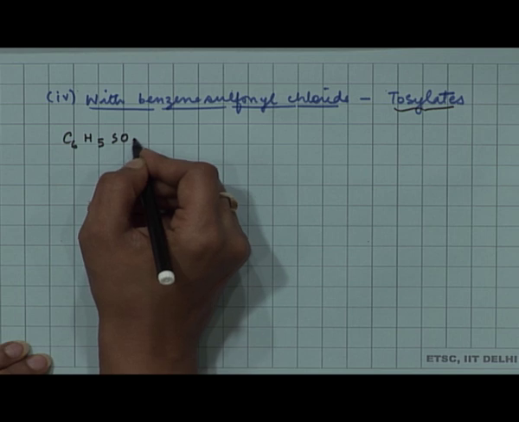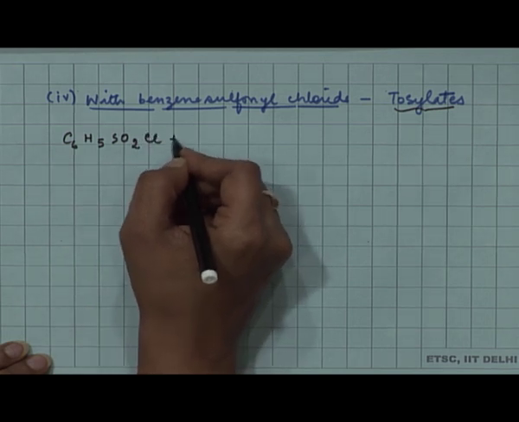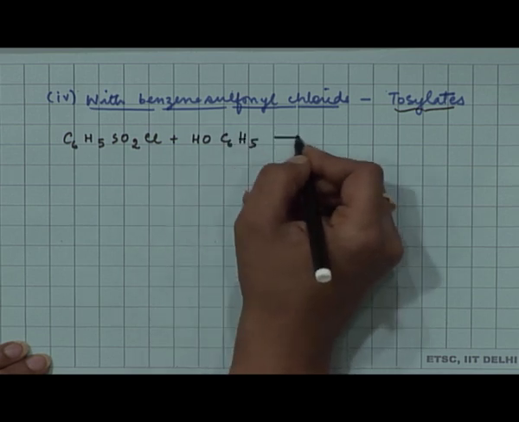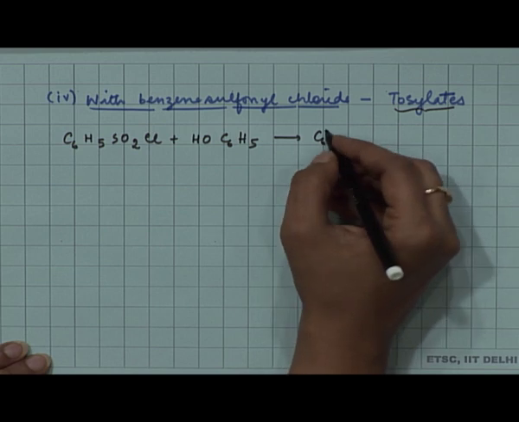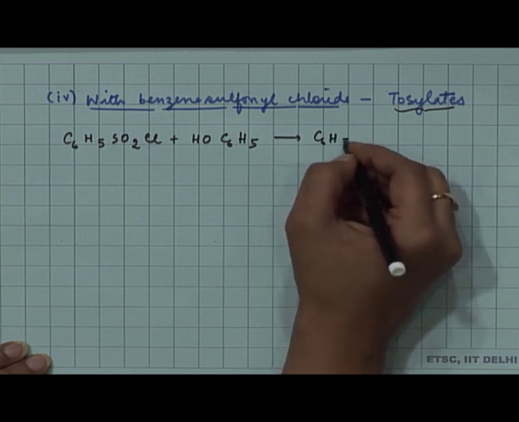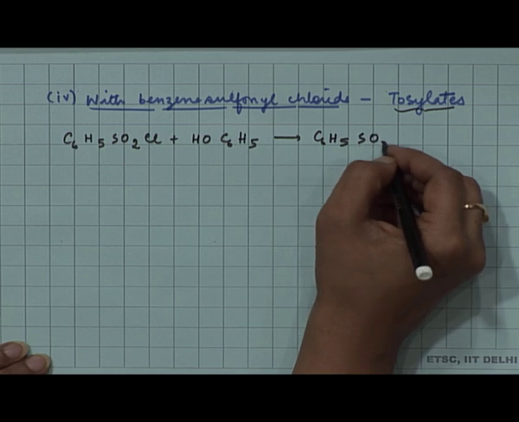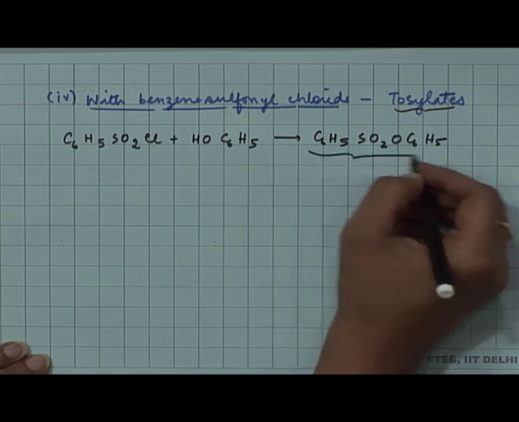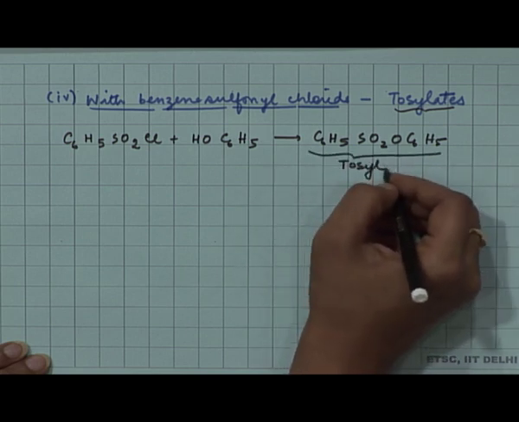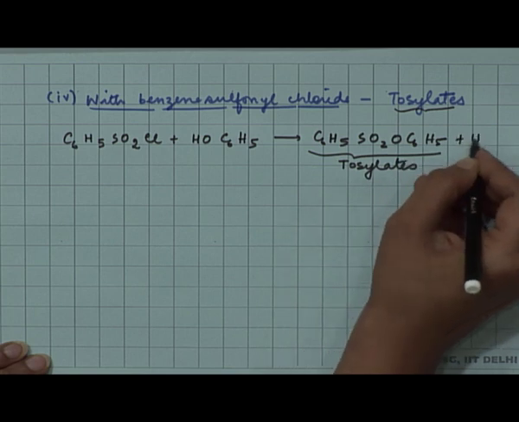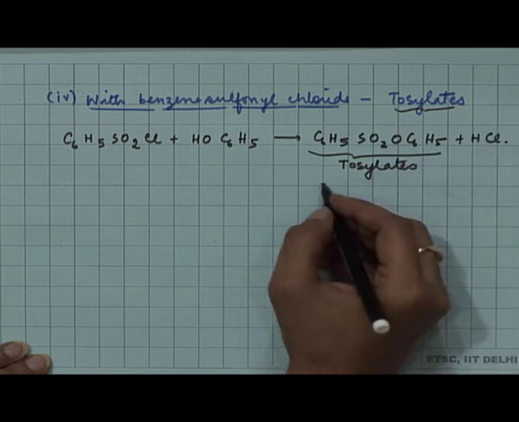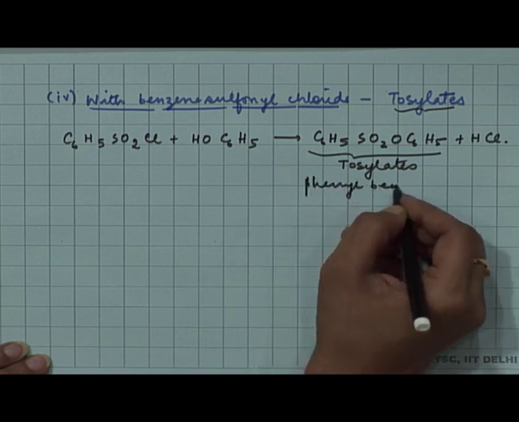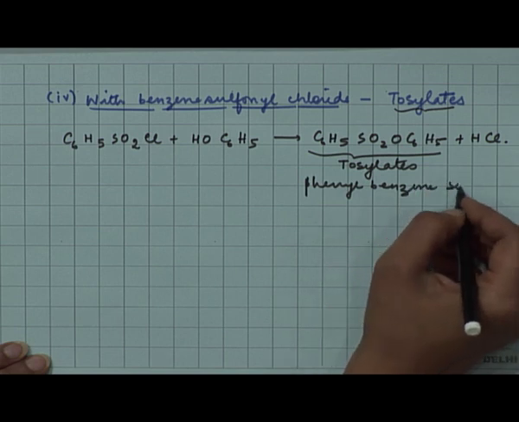You start with benzene sulfonyl chloride and you treat this with phenol. It gives you the sulfonyl ester. So, you get C6H5 SO2 O C6H5, and these compounds are called tosylates. It is a phenyl benzene sulfonate.